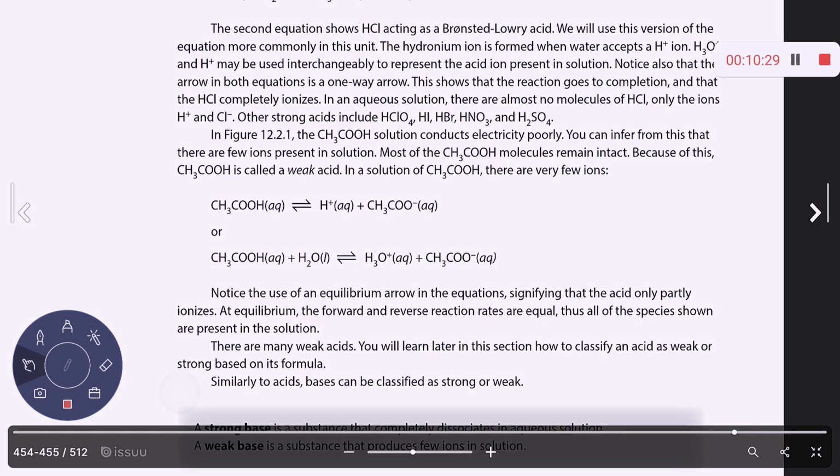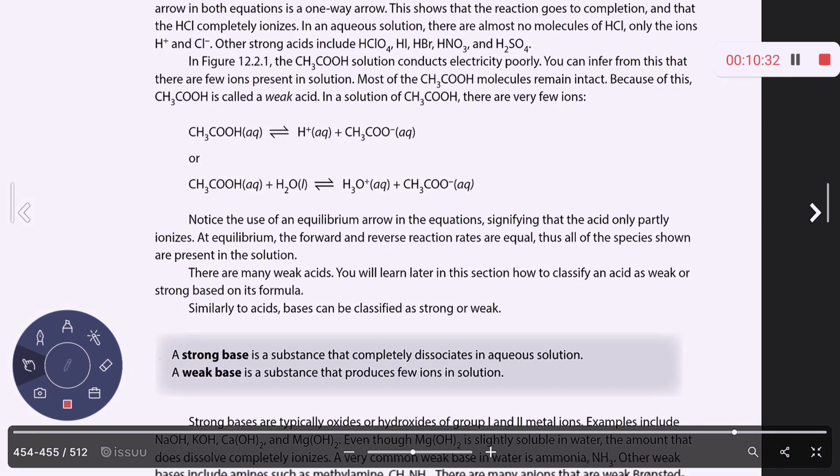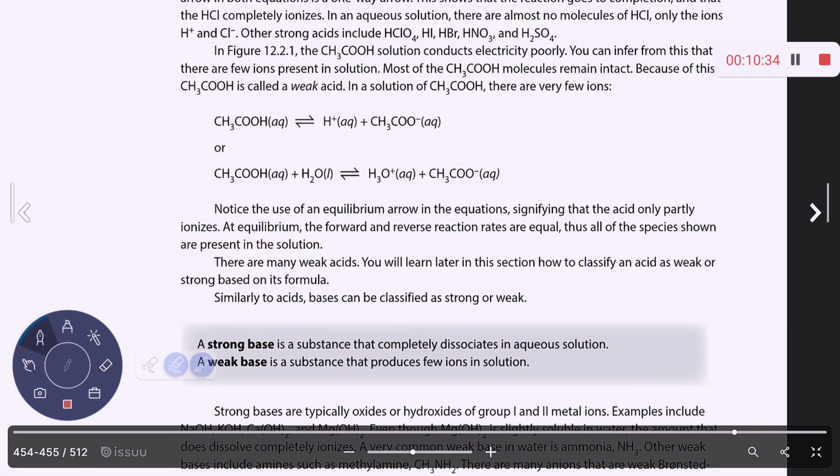Let's take a look at the weak acid, acetic acid, that we were shown on the first page. So, acetic acid conducts electricity poorly, and that's because there are few ions present in the solution, and most of the acetic acid molecules remain intact. So that's how we know that acetic acid is a weak acid.